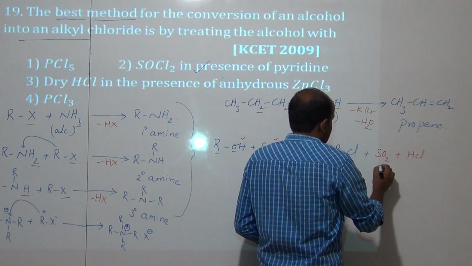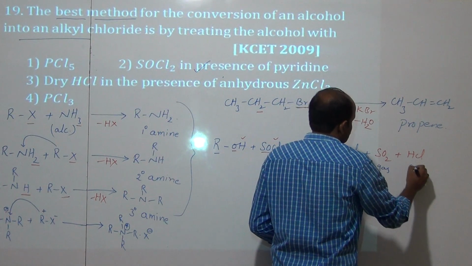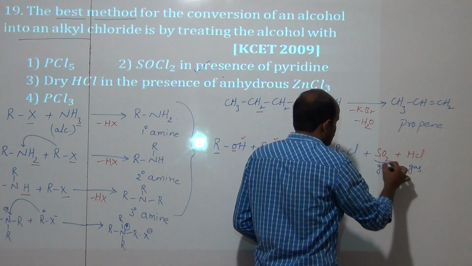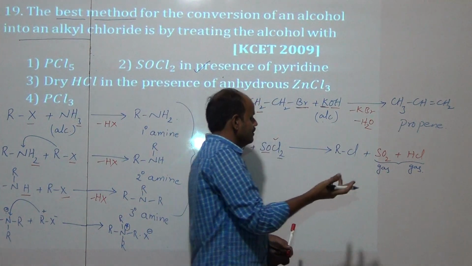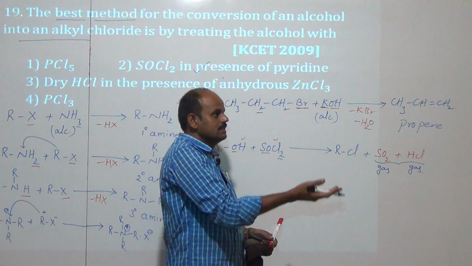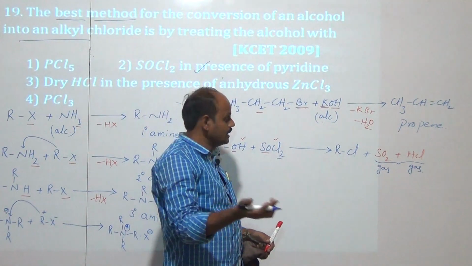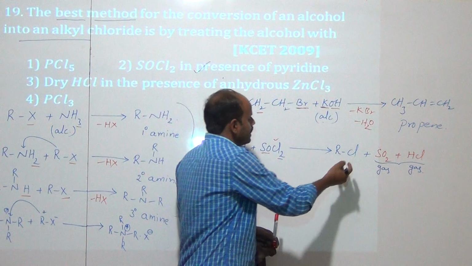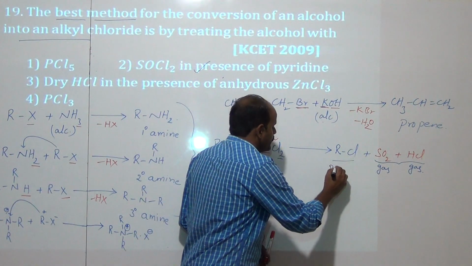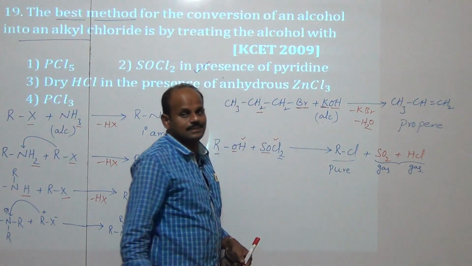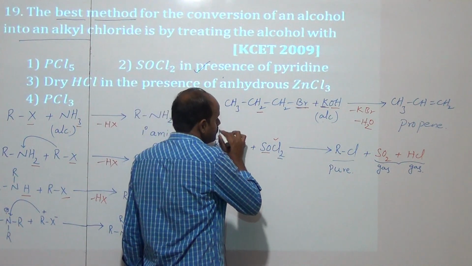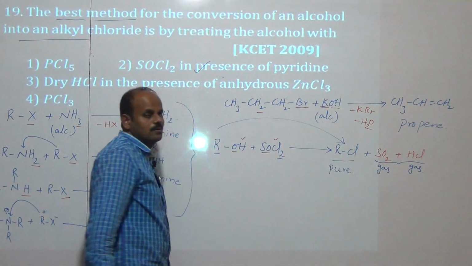Here SO2 is a gas and HCl is also formed as a gas. Then from this reaction mixture, these two can escape easily from the reaction vessel. Gases can easily spread into the atmosphere. Thus in our vessel we have only the alkyl chloride. We get pure alkyl chlorides in this method. This is the best method for the conversion of alcohols into alkyl chlorides.